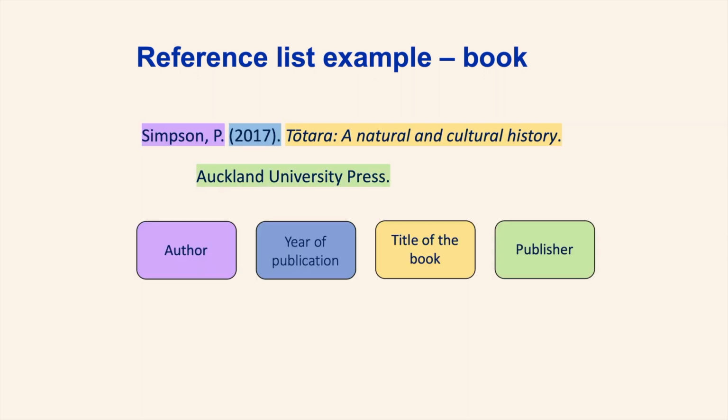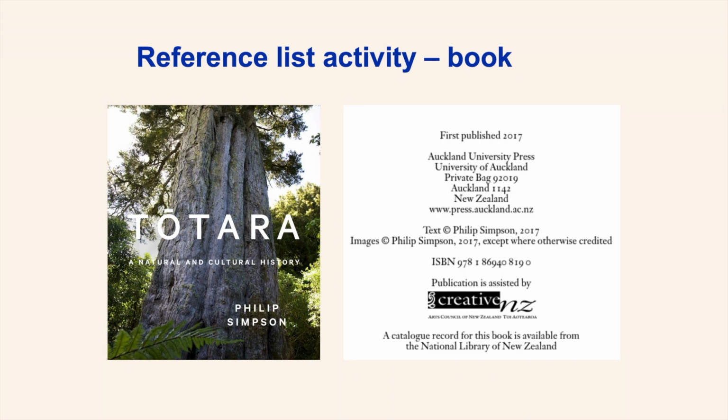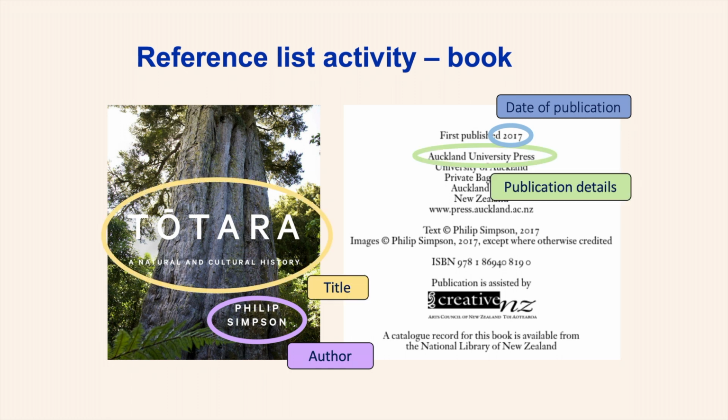All 4 parts are required with specific formatting under APA referencing style to create the reference list entry for a book. You would find the 4 main parts of the book's reference list entry on the book's cover and its copyright page: the author, the date of publication, the title of the book, and its publication details.